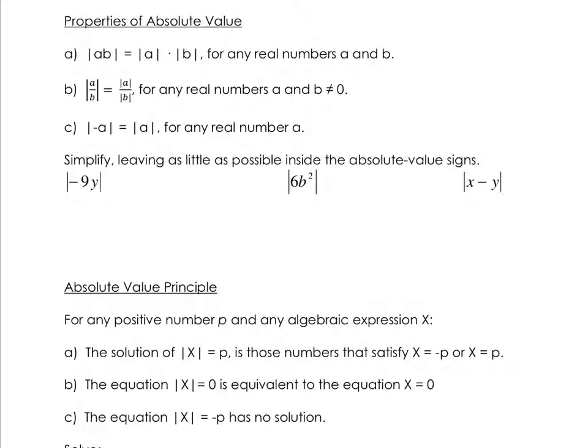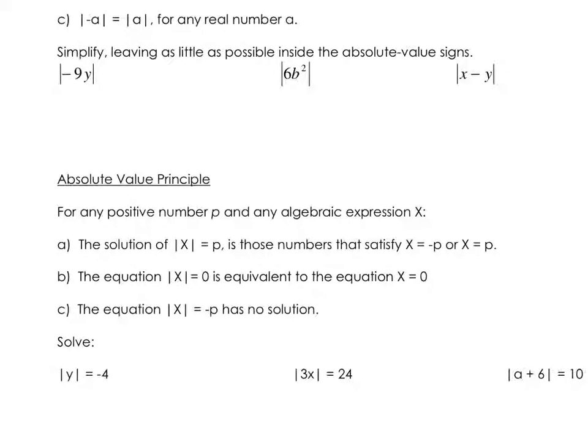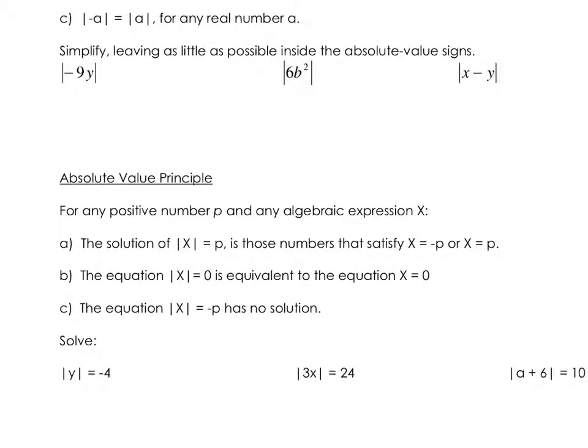B, the absolute value of a fraction is the fraction of the absolute values. So you take the absolute value of the numerator, you take the absolute value of the denominator, and then you divide. Of course, the denominator cannot be equal to 0. C, the absolute value of the opposite of a number is just the absolute value of the number, for any real number a.